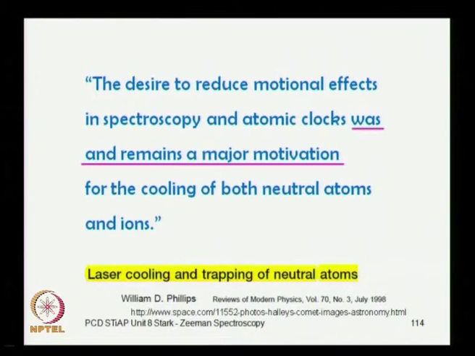And here is a quote from an article by William Phillips, who got the Nobel Prize for laser cooling, and this paper is in the Reviews of Modern Physics, which we have uploaded at the course web page.